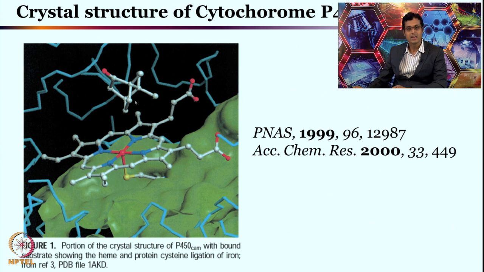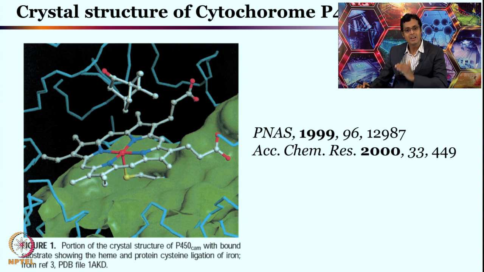As you have seen, cytochrome P450 type of enzyme is not only capable of hydroxylating a particular organic substrate, it can also promote a series of related events. The number of reaction types that cytochrome P450 can carry out is almost countless.